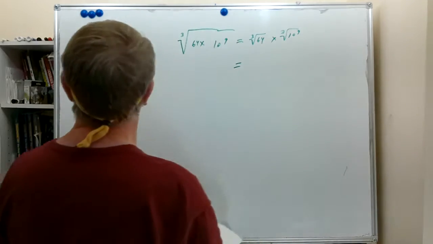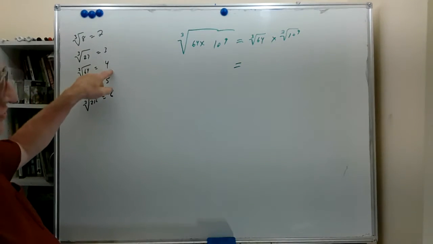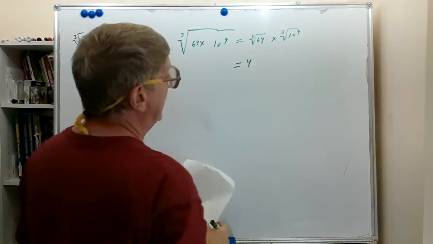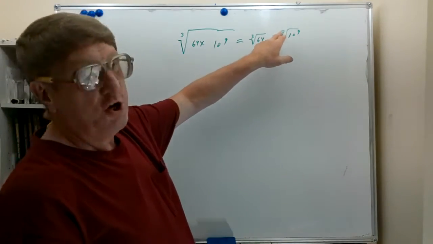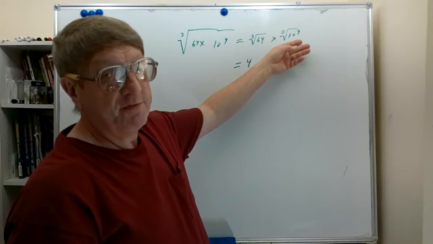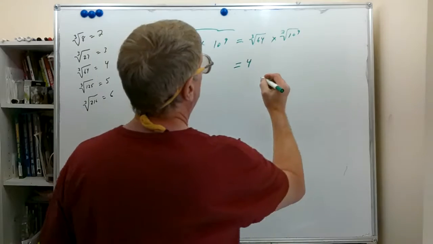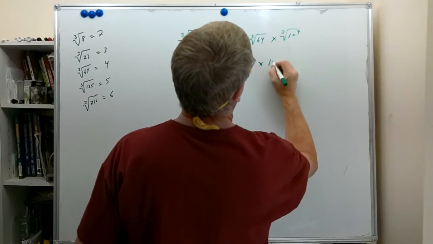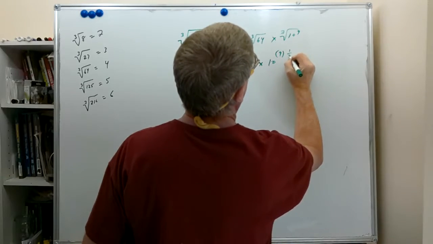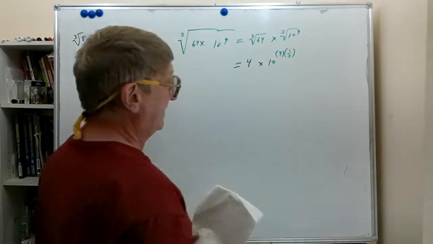So what do we got here? Well, the cube root of 64 is 4, so we can replace that with a 4. Now, knowing that a cube root is like a 1/3 exponent, we'll go ahead and write it out here: 10 to the 9th times 1/3. That's like 9 over 3.